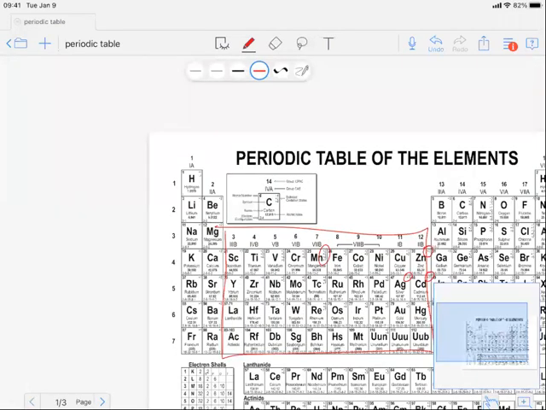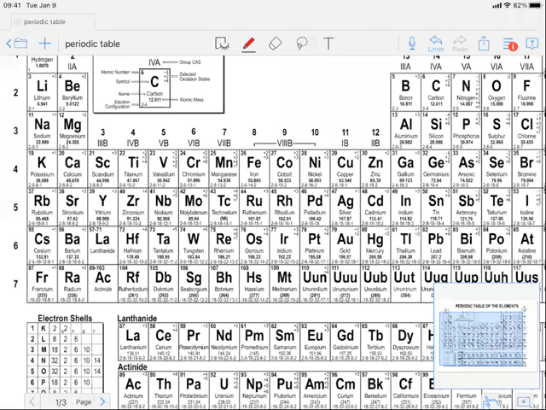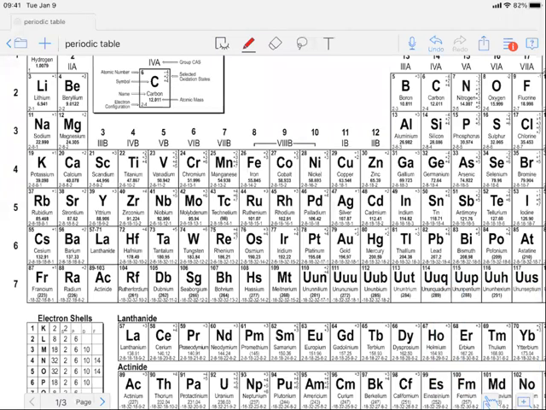So, can anyone find copper? If you do, can you tell me what number it is? I'll give you a hint. It's in group 11.